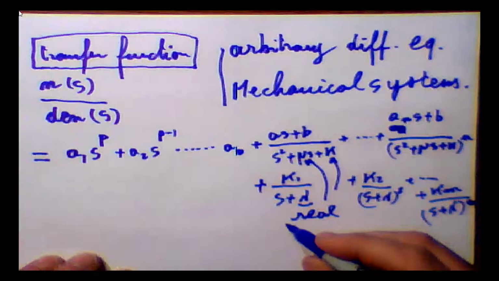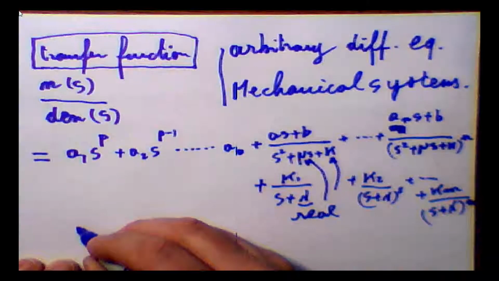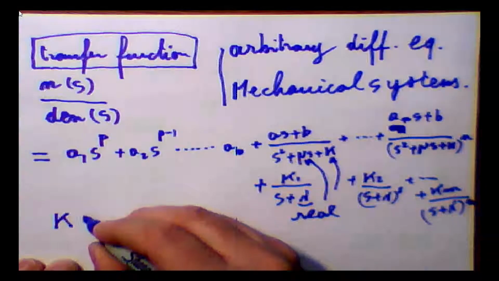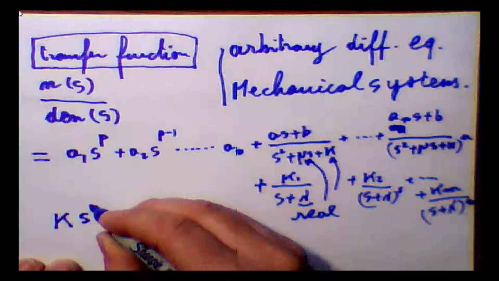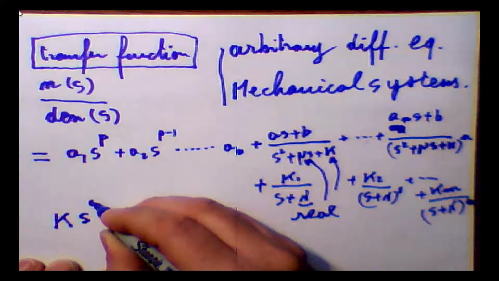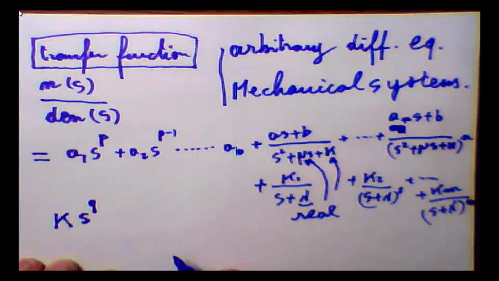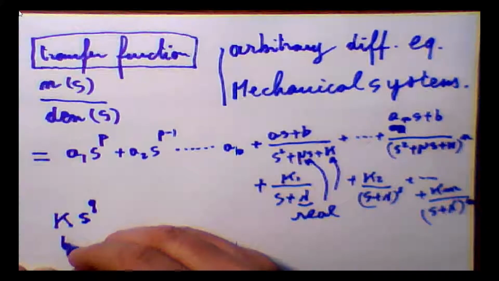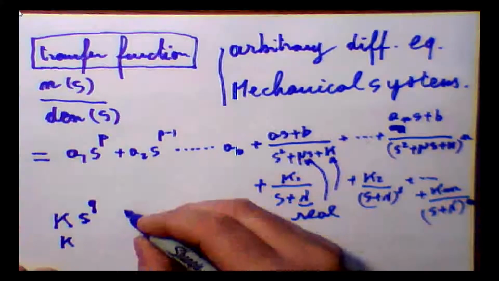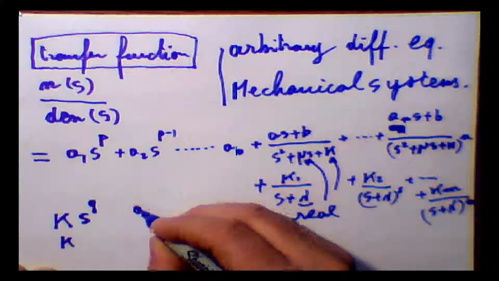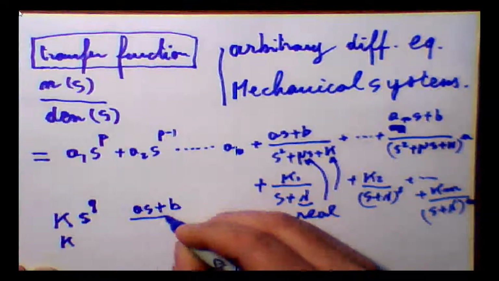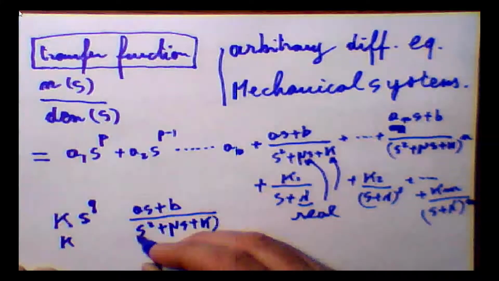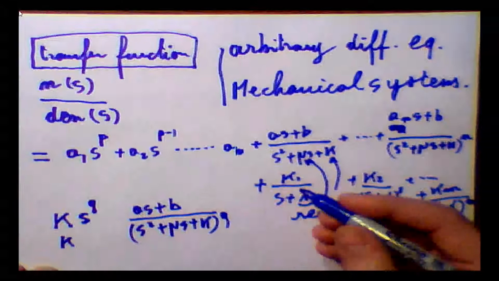And therefore, we are left to computing things of the kind K times S to the power Q. Then terms of the kind K, terms of the kind (AS plus B) divided by (S squared plus mu S plus K) to the power Q, where Q is arbitrary.